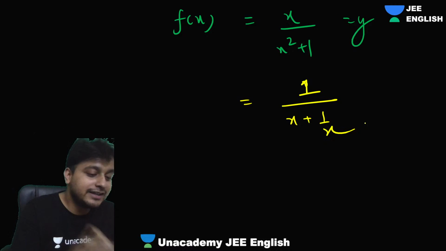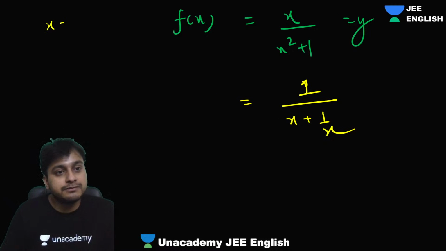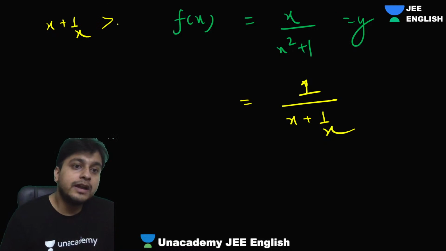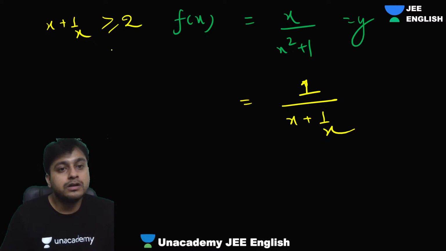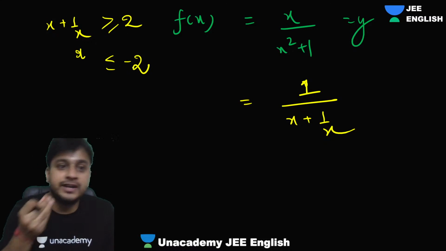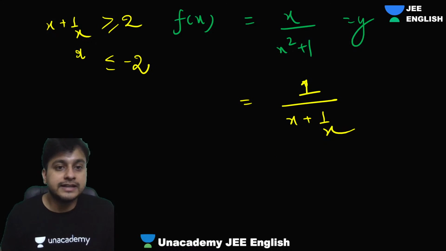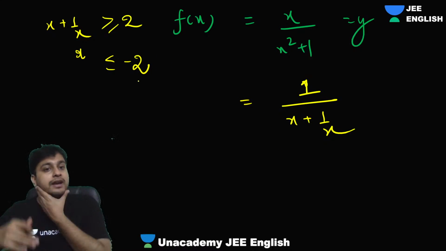So here the logic is this: x plus 1 by x will either be more than or equal to 2, or it will be less than or equal to minus 2, depending upon x is positive or negative. Understood? So that's the reason why its reciprocal will be between 1 by 2 and minus 1 by 2.